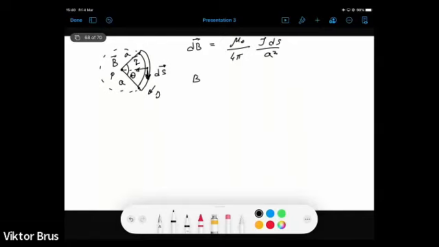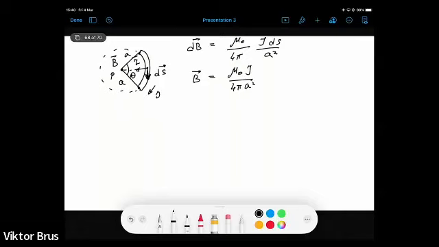So B vector is equal to mu naught times I divided by 4 pi a square. These are constants because they don't change no matter how we move along this conductor.